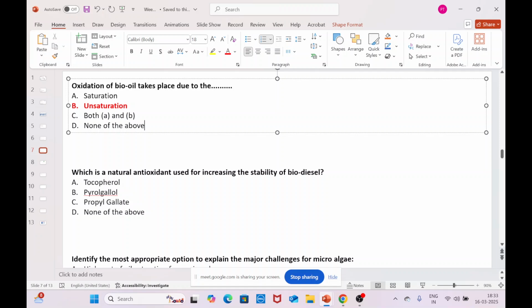To prevent that, we need to take some precautionary measures. One way to prevent this oxidation is to add an antioxidant. There are two varieties: one is chemical or synthetic, and another one is natural. So here I am asking, which one is a natural antioxidant?